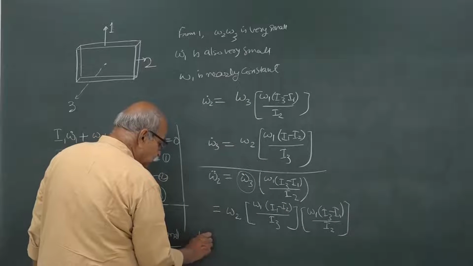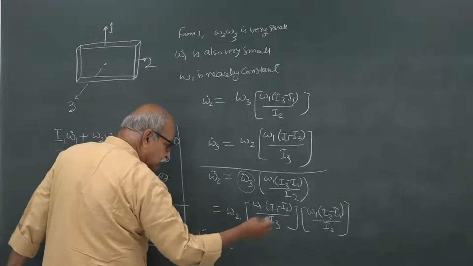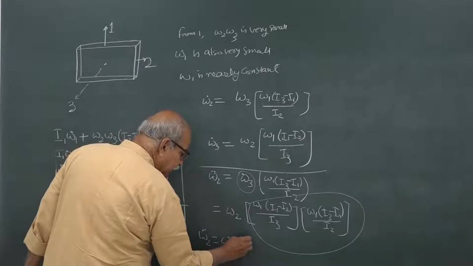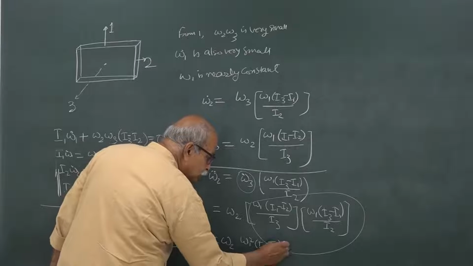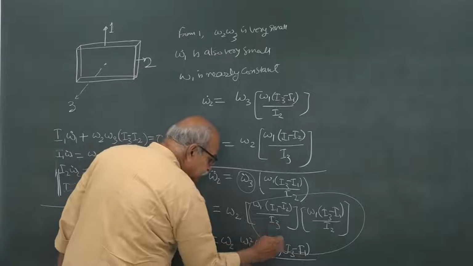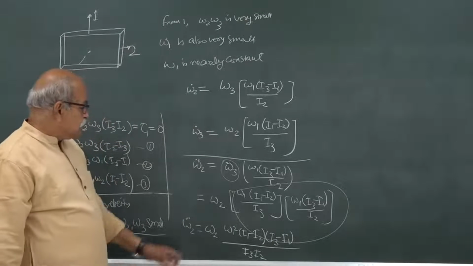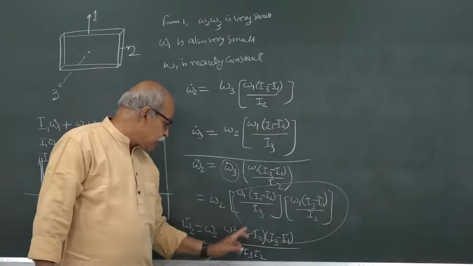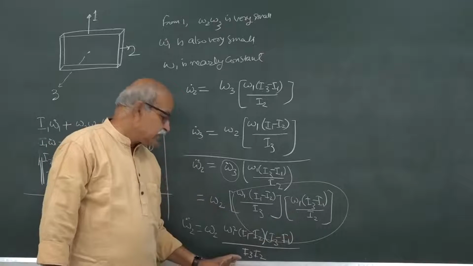So, omega 2 double dot is equal to omega 2 times omega 1 squared (I1 minus I2)(I3 minus I1) divided by I3 I2.